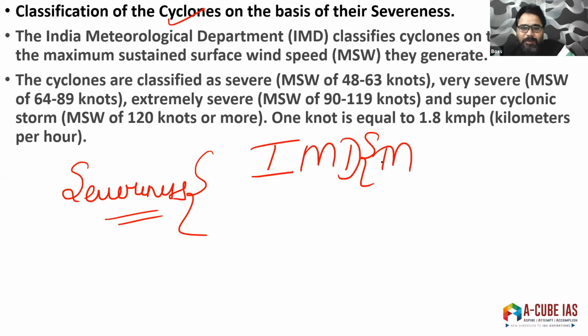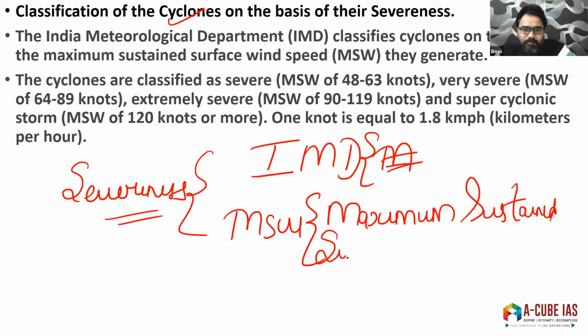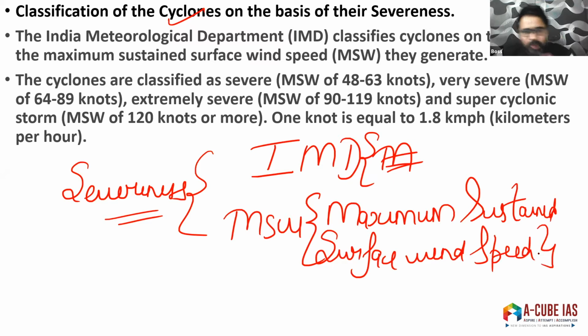MSW is maximum sustained surface wind speed. Now, what exactly is this MSW? It is basically a parameter associated with measuring the severeness of a cyclone. Here we are talking about the speed of the wind of that particular cyclone.